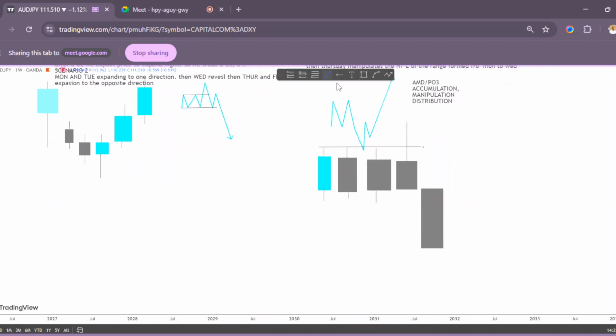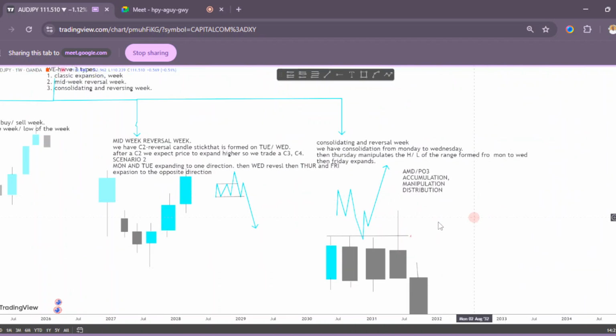This is what we shall be having, something like that. And these are the three main profiles for every week.